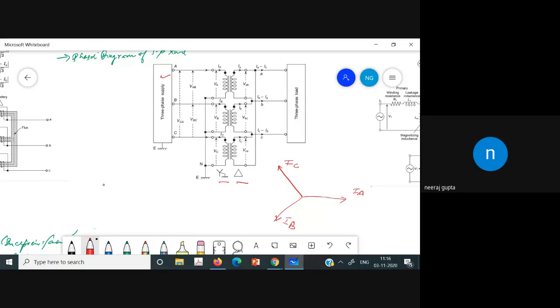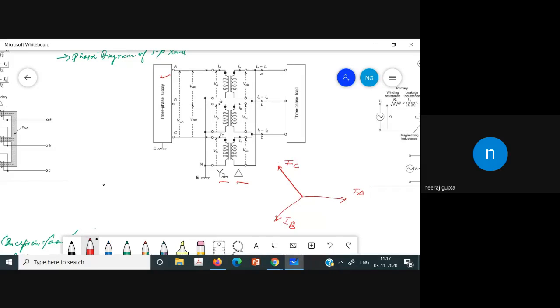These are the three phases which are 120 degrees apart. Now this is the current which is flowing through this winding. Opposite to that winding, the current is IA, opposite is small a. This is capital A and this is small a. It means that, as we have seen from the dot convention, these are in the same phase.